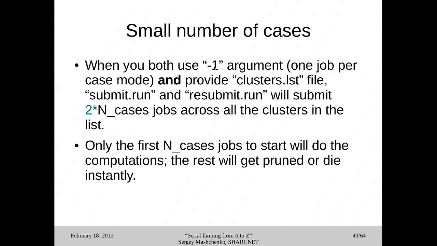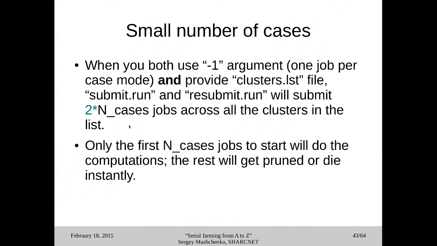So let's consider the situation, this small number of cases, -1. That's what we've been discussing so far. One job per case. So if you do that, -1, and provide a clusters.lst file, what will happen? It might be a little bit confusing, but just bear with me. It will submit a certain factor, in the default situation 2 times the number of cases, the number of lines in your cases table, across all the clusters in the list.